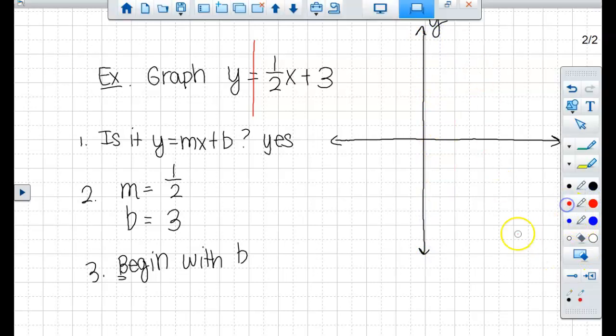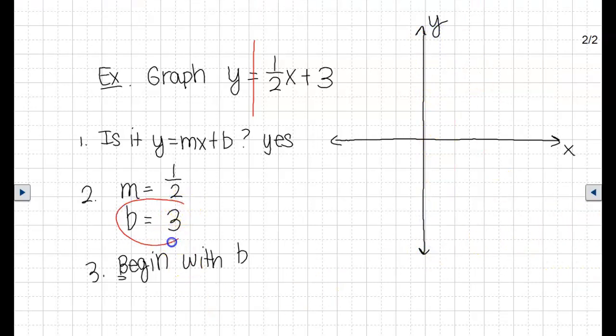Now, I'm going to begin with b. So what this tells me is my line is going to cross the y-axis at positive 3. So I'm going to put my pencil here at the origin, and because that b is a positive 3, I'm going to go up 1, 2, 3 on the y-axis, and that's where I'm going to put my first point.